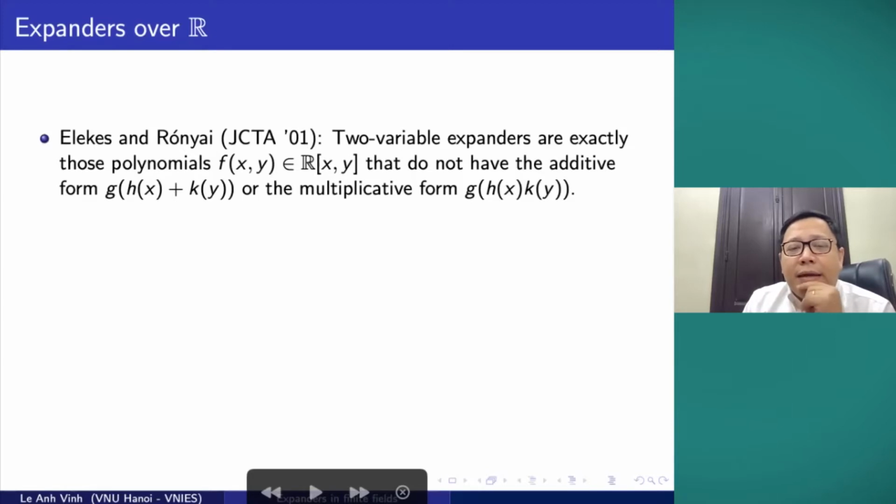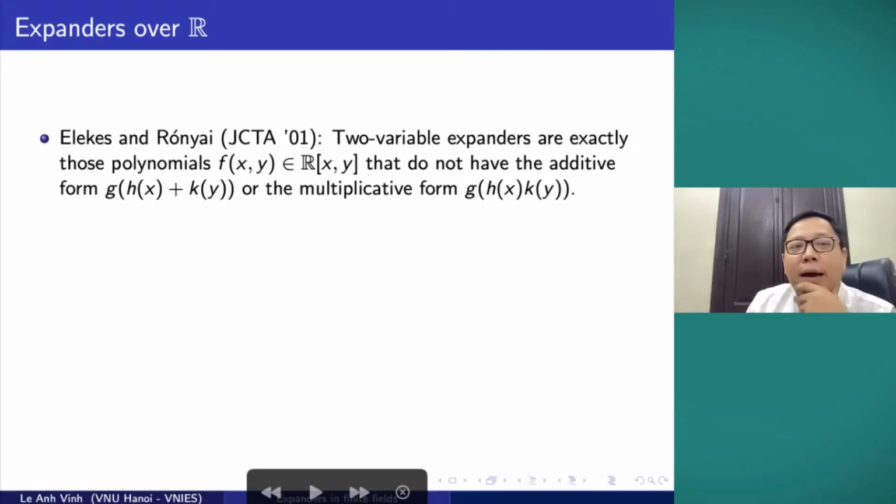If you look at the sum or the product, x plus y or x times y, it is not an expander. And it is kind of expectable. People can expect that if the polynomials are not of that form, then it will have a growth rate better than the linear form.